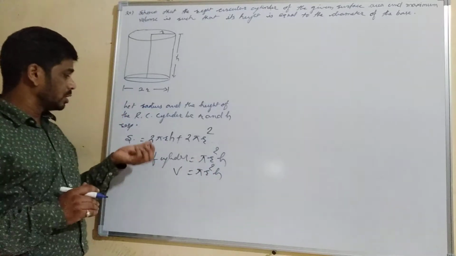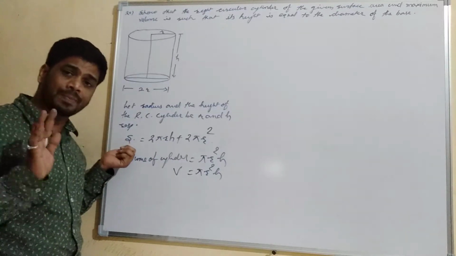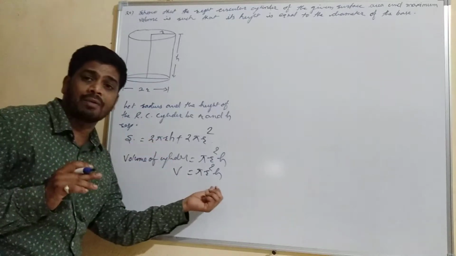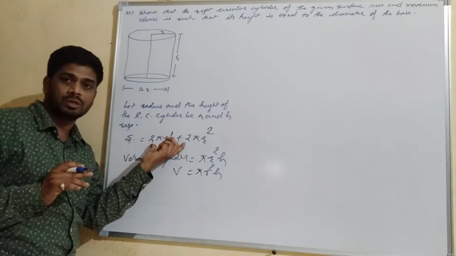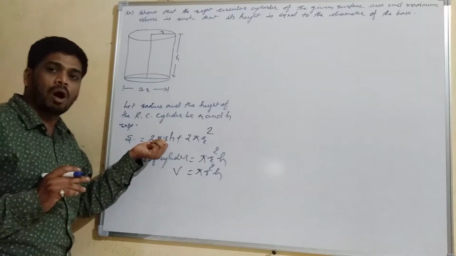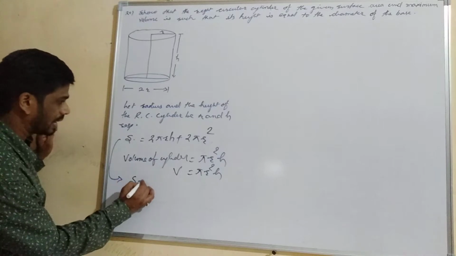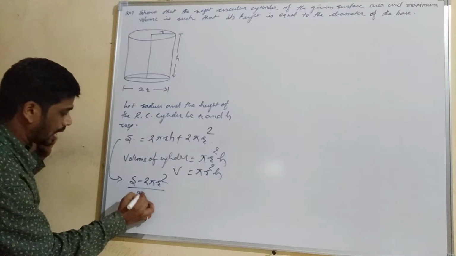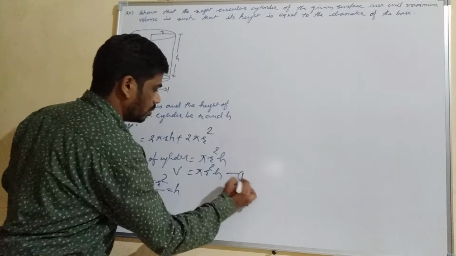You can substitute a value, because the given is constant always. S is given here, surface area is given, so S will be constant. So either you can substitute R value or R square value or H from this equation in the form of S. So we will try to put the value of H. From this equation we will get S minus 2 times pi r square upon 2 pi r will be H, and that H we will put in the volume equation.